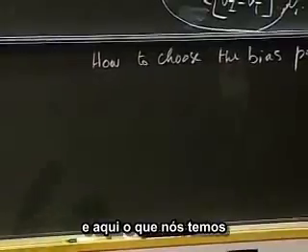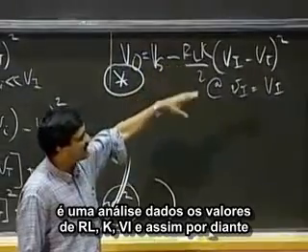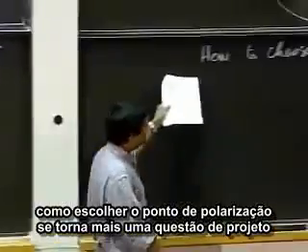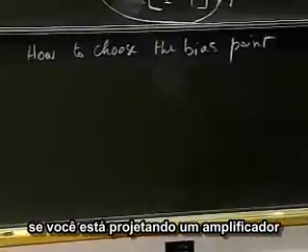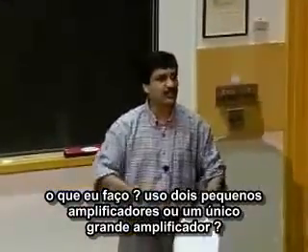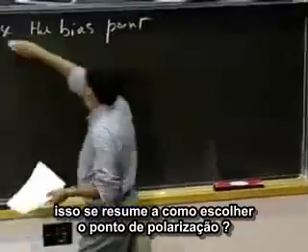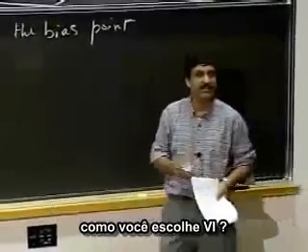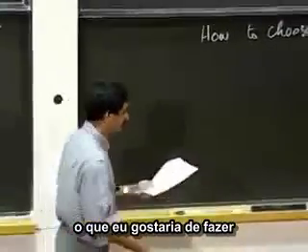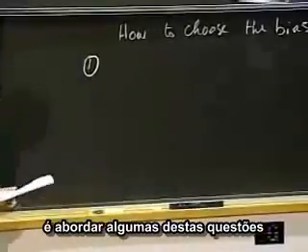Here, what we have is an analysis given a value of RL, K, Vi, and so on. How to choose the bias point becomes more of a design issue. If you're designing an amplifier, you ask me the question, how do I choose two small amplifiers versus one big amplifier, that sort of stuff. So it boils down to how do you choose the bias point? How do you choose Vi? How do you choose RL? And so on. So what I'd like to do is touch upon some of these things.